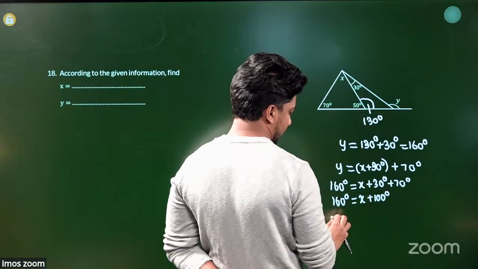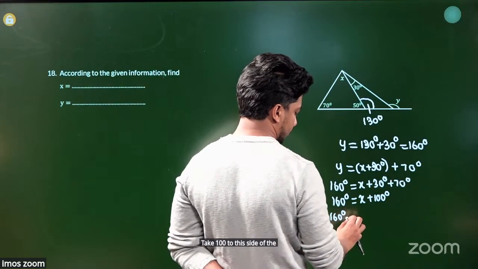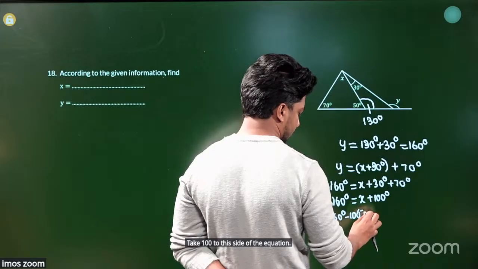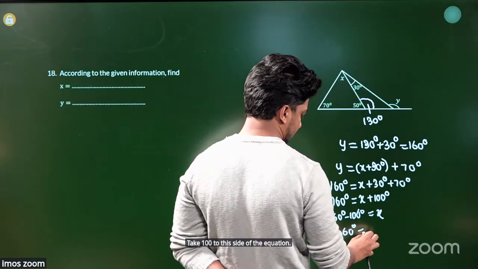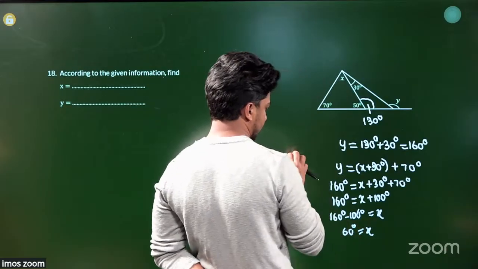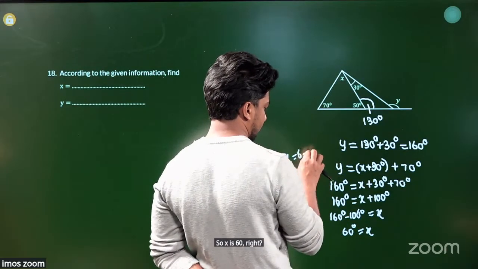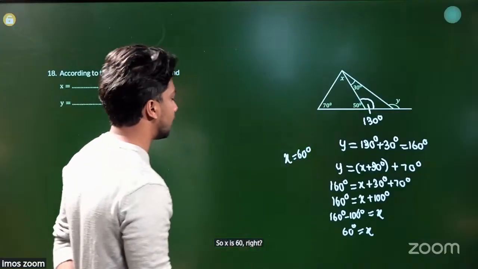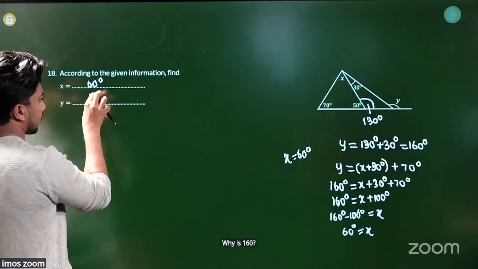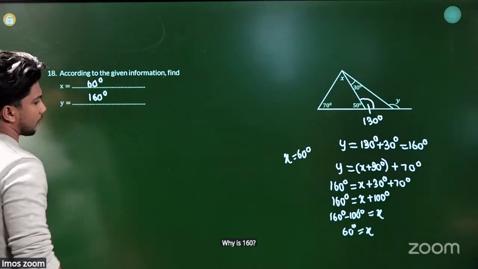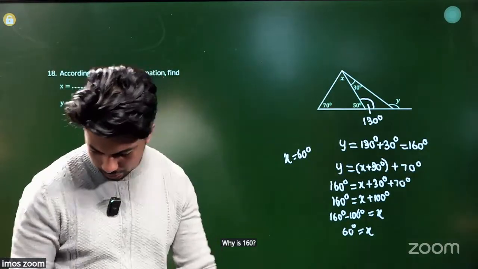Take 100 to this side of the equation. So x is 60, right? Y is 160. Can you understand?